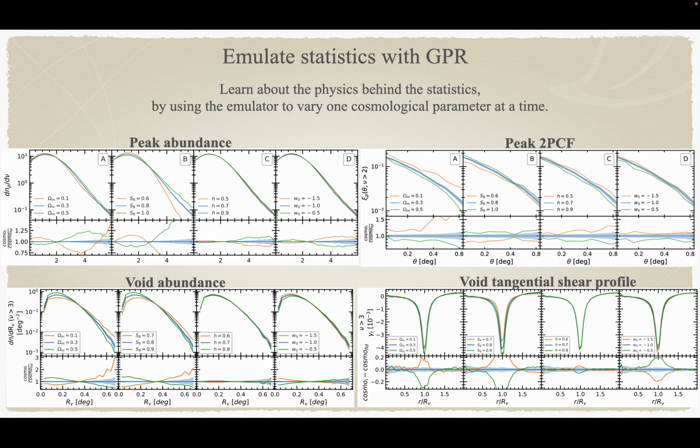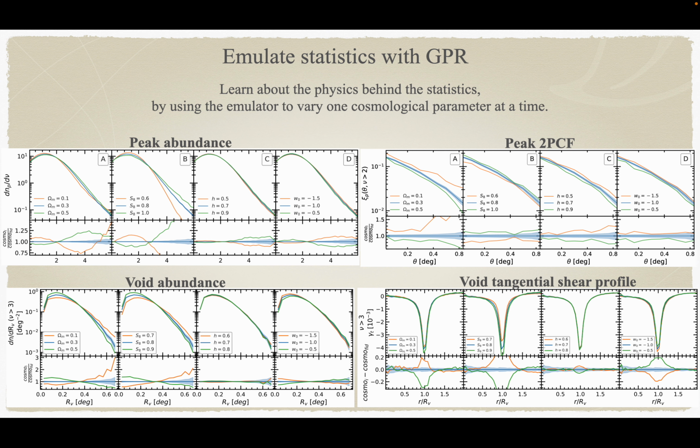On the bottom row, we have how the void statistics depend on these four cosmological parameters, where we can see in the far left that the void abundance seems to depend most strongly on omega m, and somewhat strongly on S8, with hardly any dependence on h and w0. And for the void lensing profiles on the bottom right, we see that the strongest dependence is on S8, with moderate dependence on w0 and omega m, and hardly any dependence on h relative to the error bars.